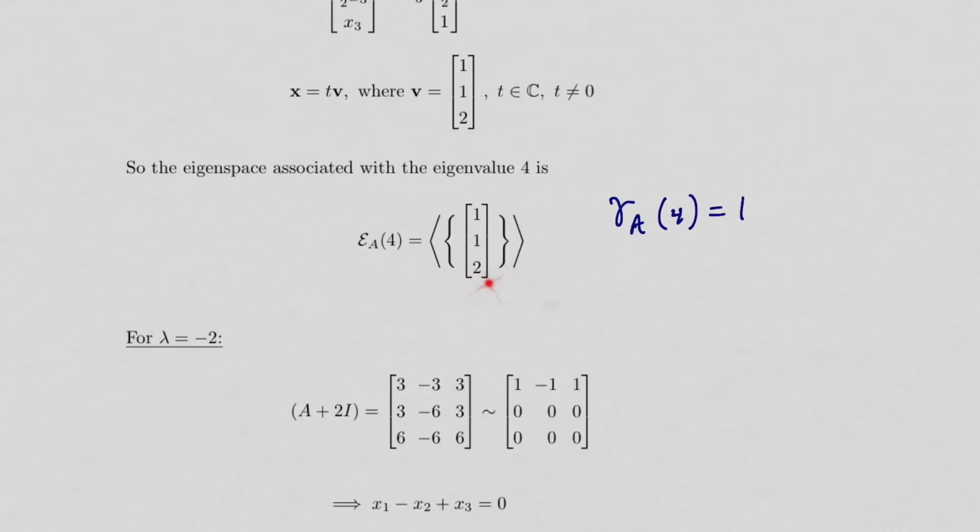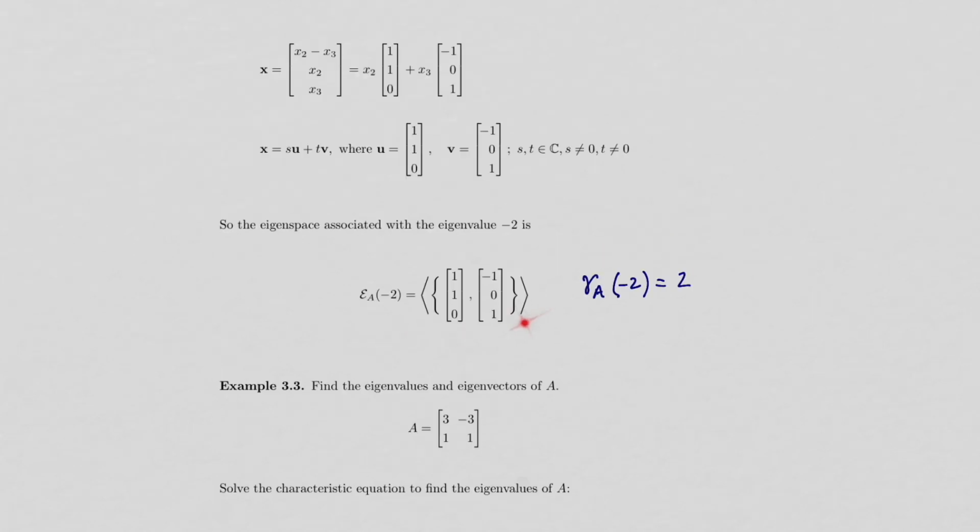When we found the eigenspace of A for 4, we got the span of the set. We can see that there's a single vector in this basis, so the dimension of this eigenspace is 1. And that's the geometric multiplicity of 4. And then here's the eigenspace for -2. It's got two vectors in the basis, so the geometric multiplicity of -2 is 2.